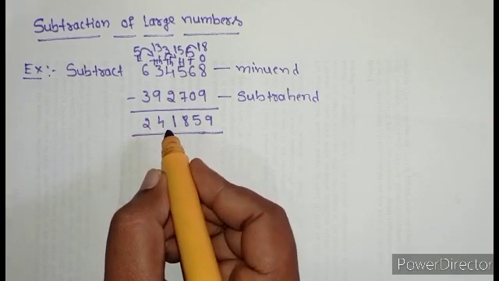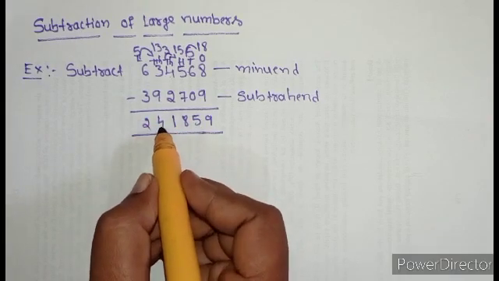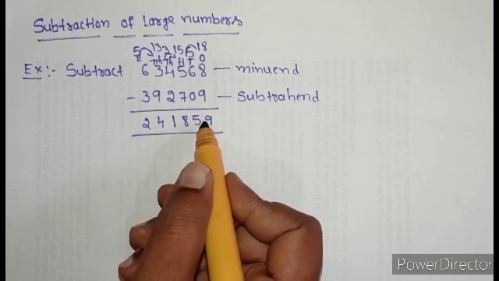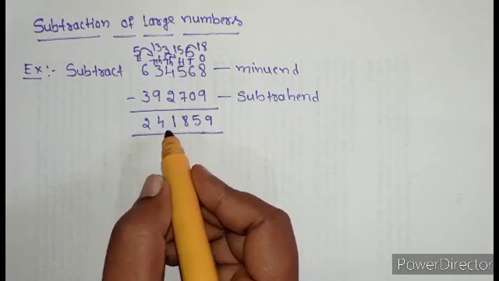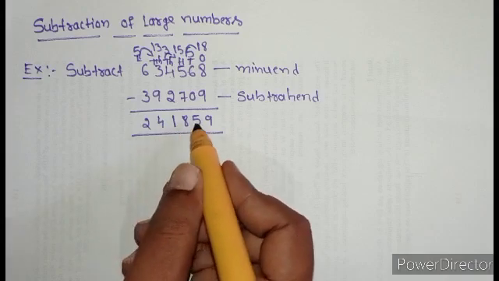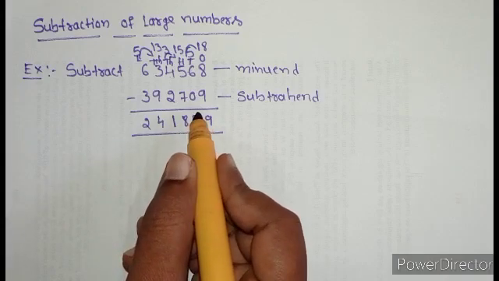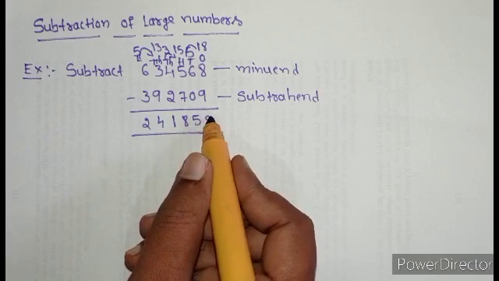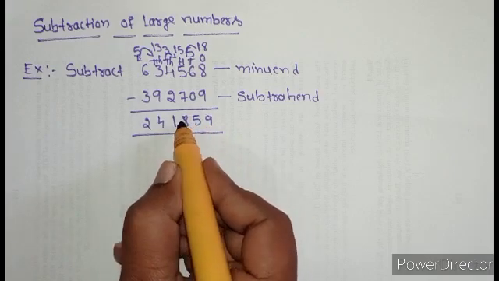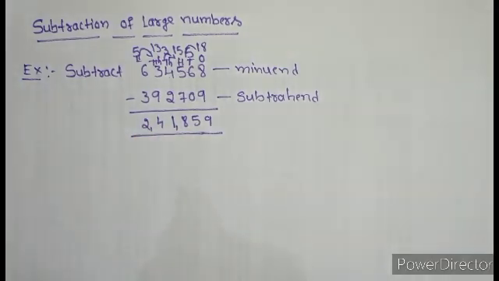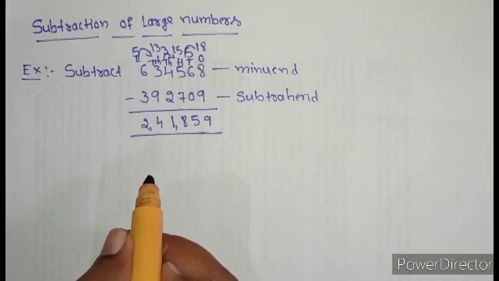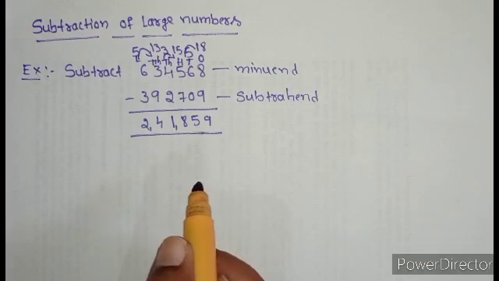Here we got 2,41,859. Now we need to insert commas according to periods: ones, tens, hundreds, and thousands, ten thousands, here lakh. Like this, so this is subtraction of large numbers.